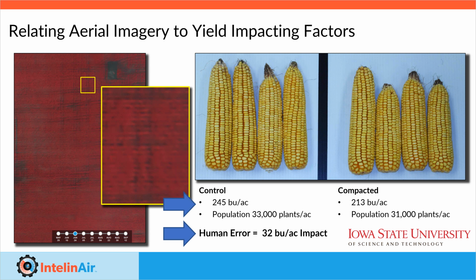And so we're able to go back and take a look at some issues that we might not have thought had as much of an impact as they really do. And we can use aerial imagery to quantify and judge how much of an impact these different types of issues are really having in any given field.